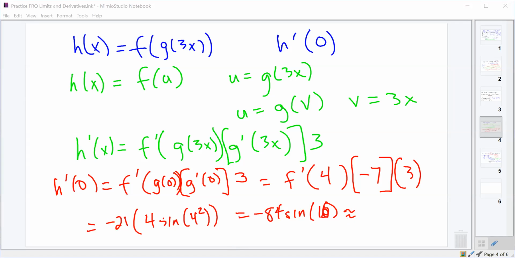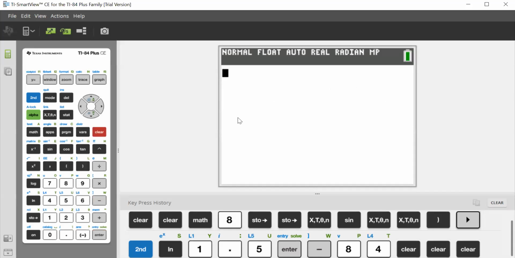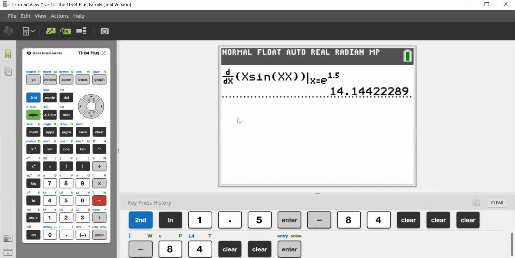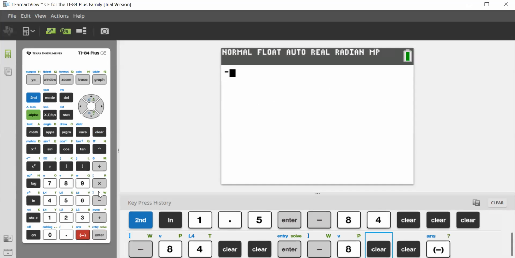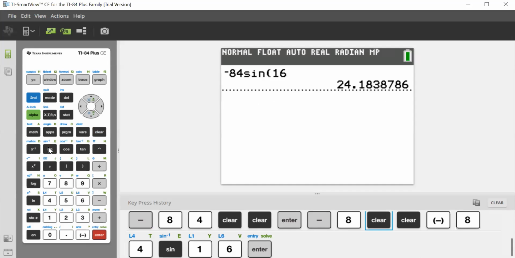So negative 84 times the sine of 16. And that comes out to be 24.184.